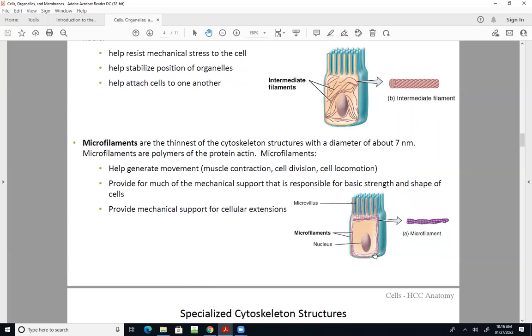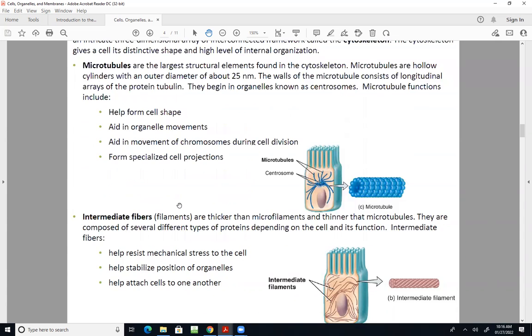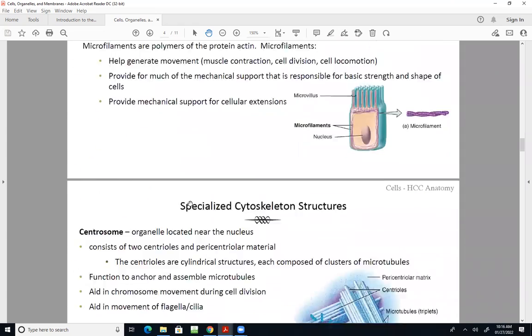Notice the purple, pinkish squiggly lines on the outside, pushing out on the plasma membrane and giving shape to the cell. They also support cellular extensions like this one called a microvillus, which we're going to talk about on the next page. As far as the images on this page, don't worry about them, just the information.